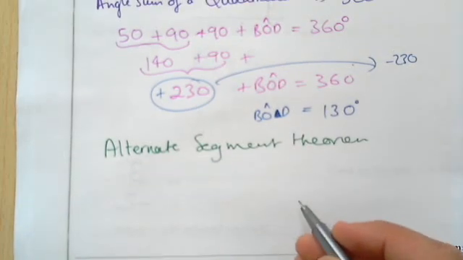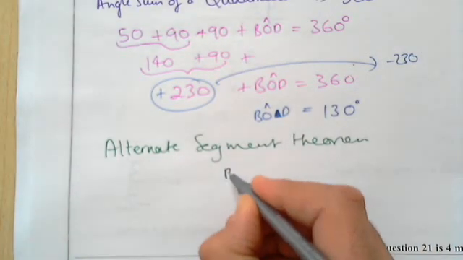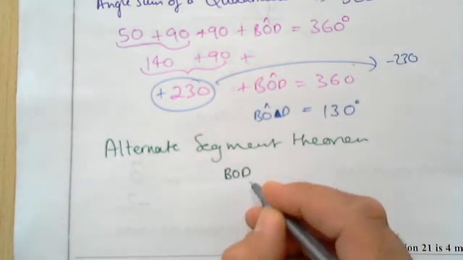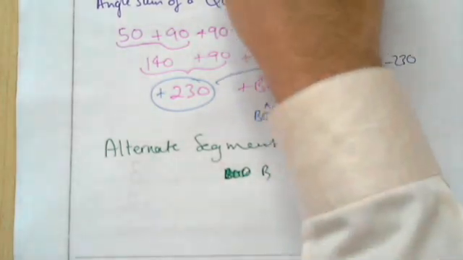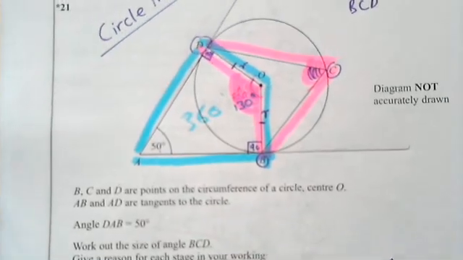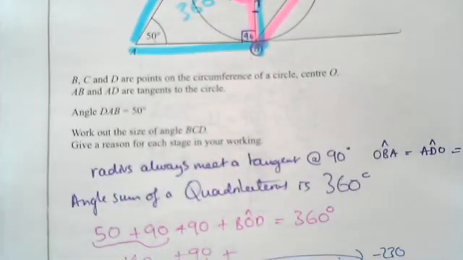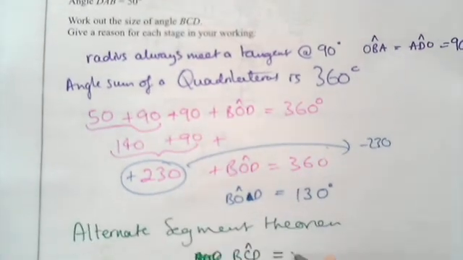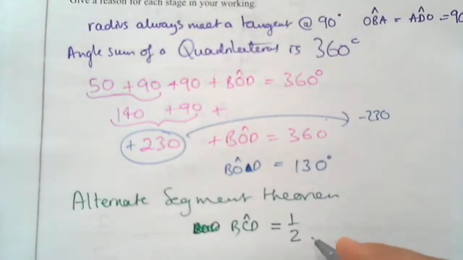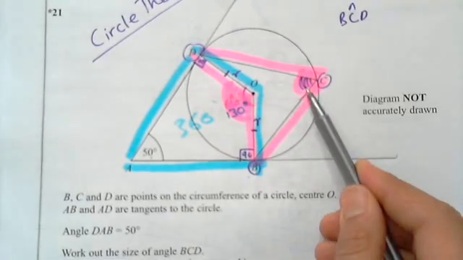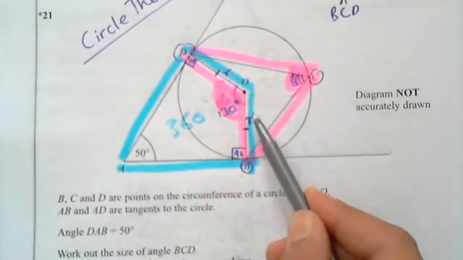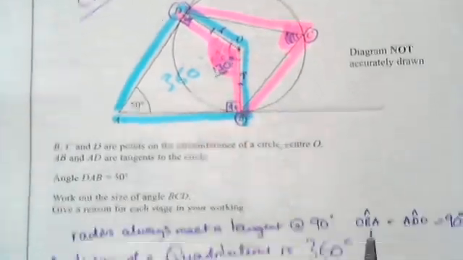So we say now that BCD is equal to half of BOD. So this angle here is equal to half of the angle there. We know the angle is 130.